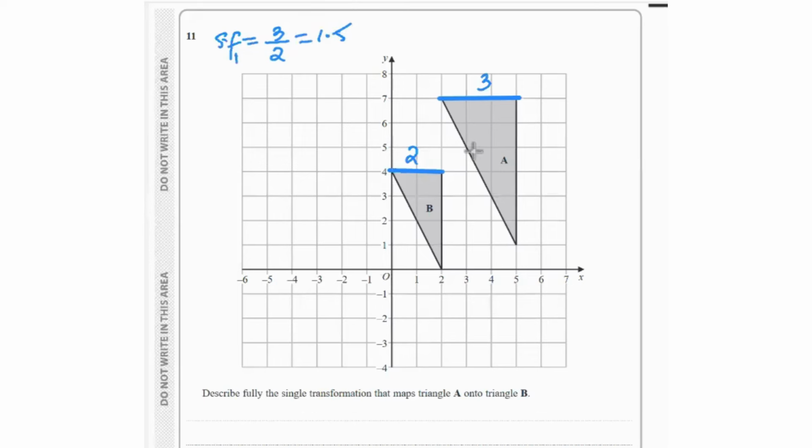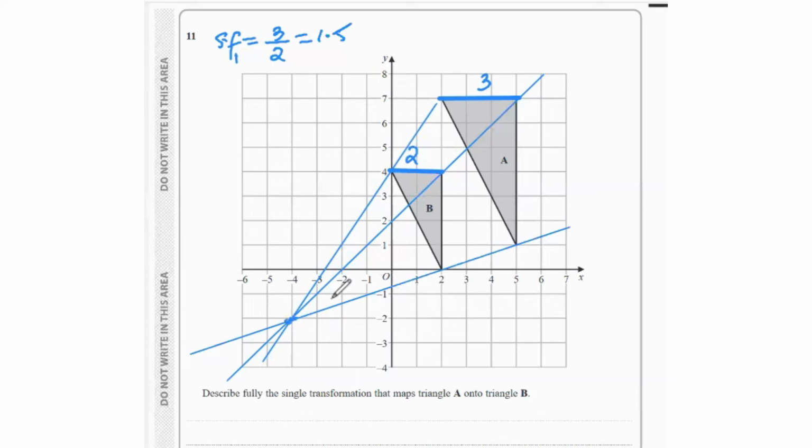Now for the center of enlargement, what we do is we connect corresponding points, and all of these lines are passing through the point -4 and 2. So that is your center of enlargement.